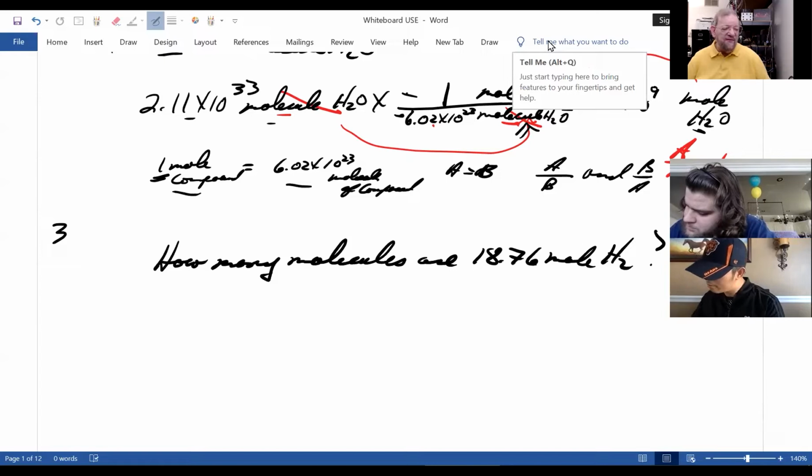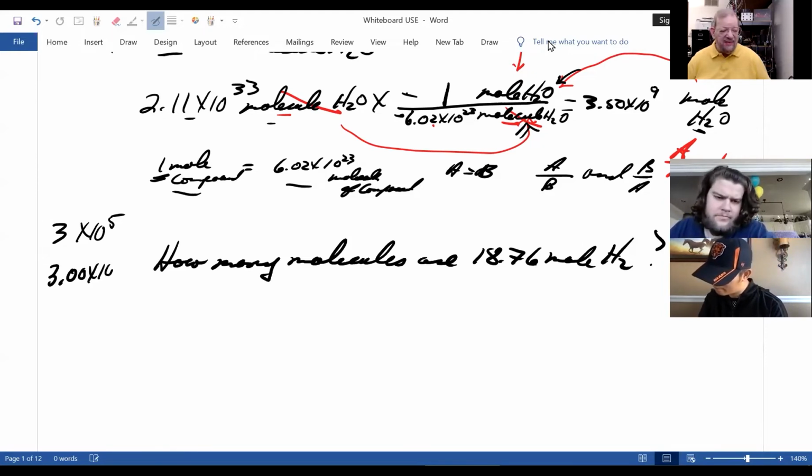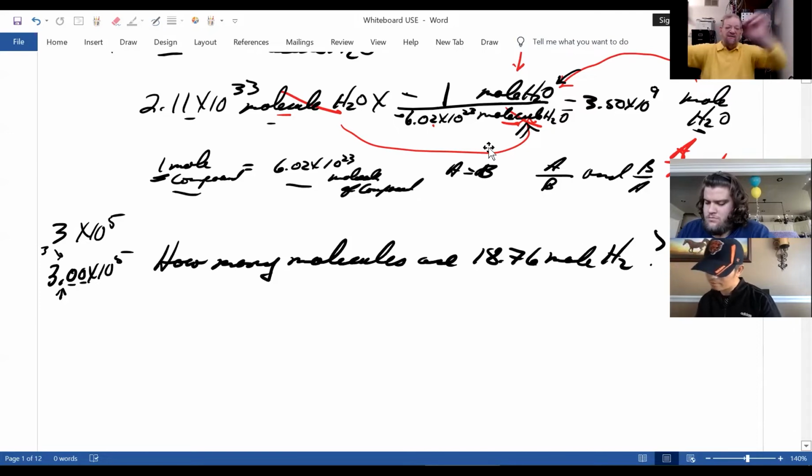Well, if say 3 times 10 to the 5th, well, I can do this. By adding a decimal point and 2 more zeros, I now have 3 significant figures. And you can do that as many as you need. If you only needed 2, you'd put 3.0. And that's the beauty of a decimal point and zeros.